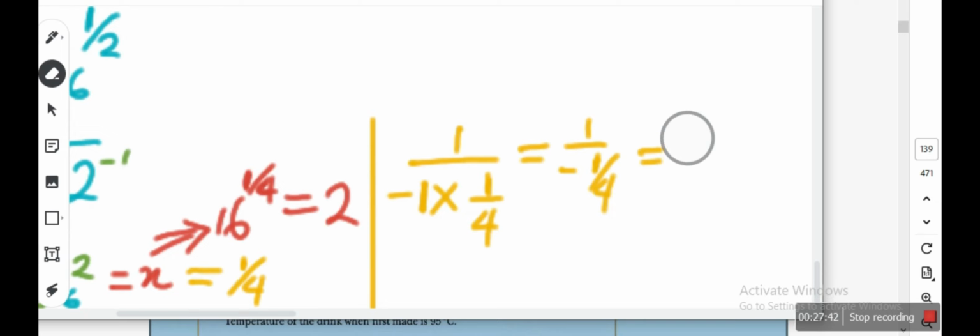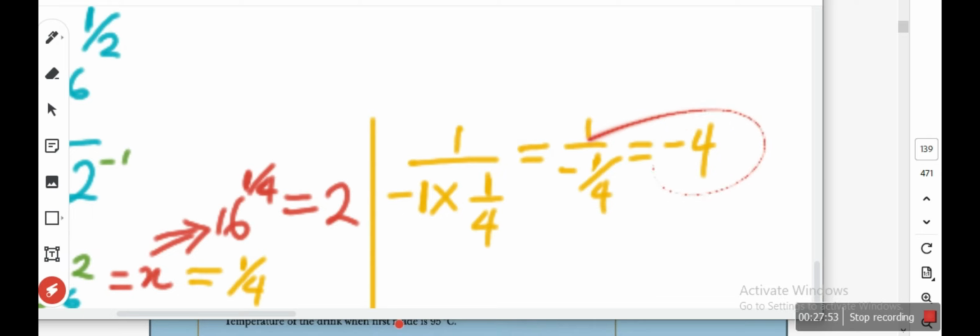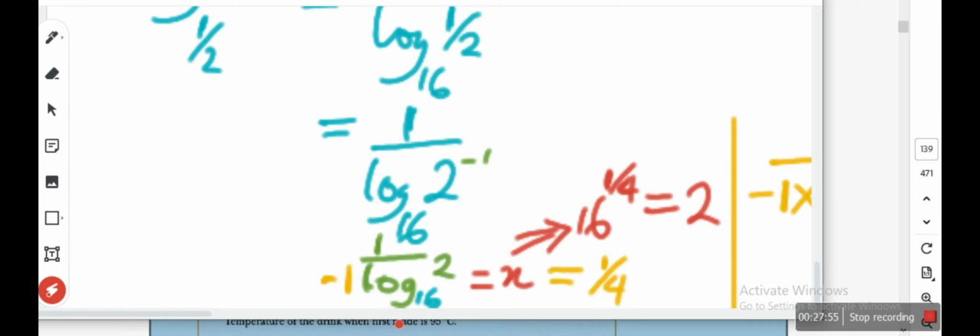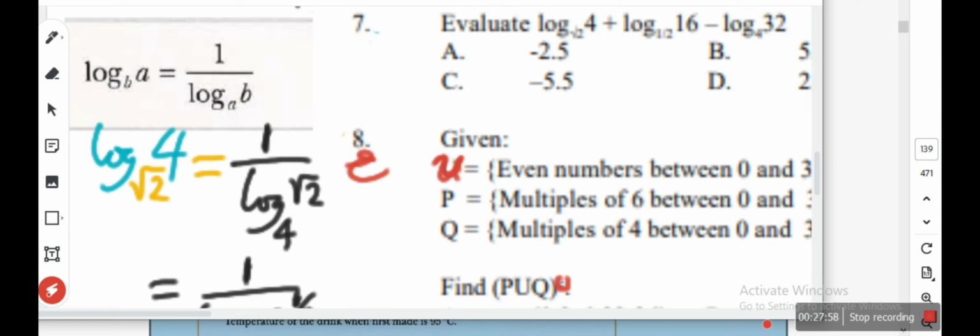Do you know? Yes. Okay, so we've simplified log of 16 in base half to get minus 4.